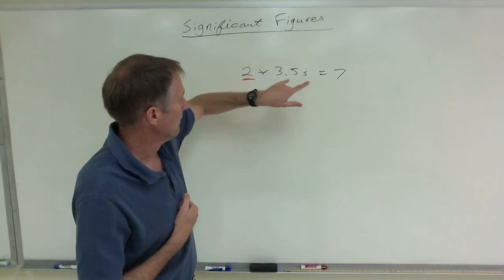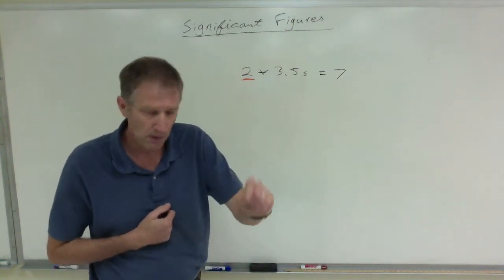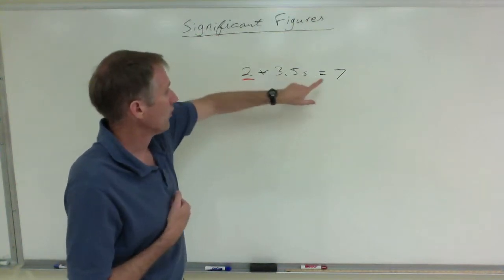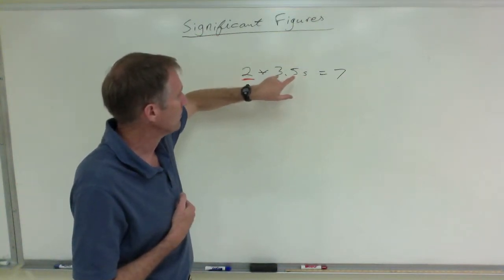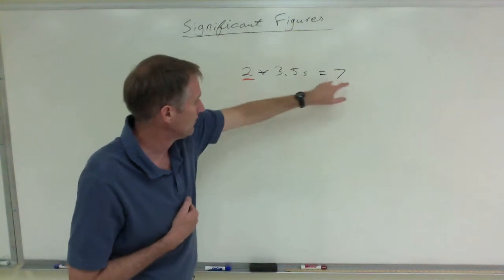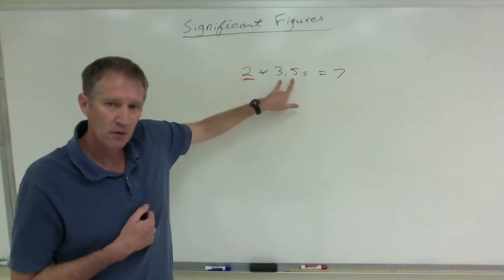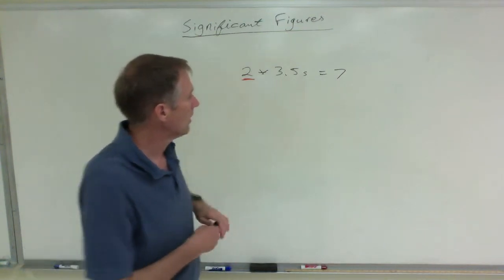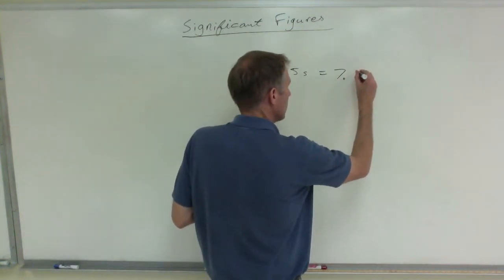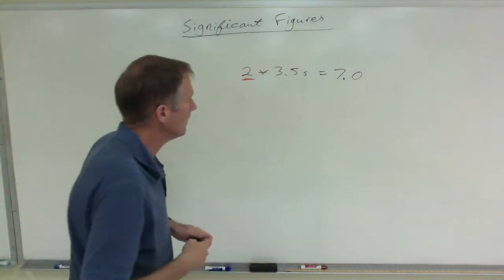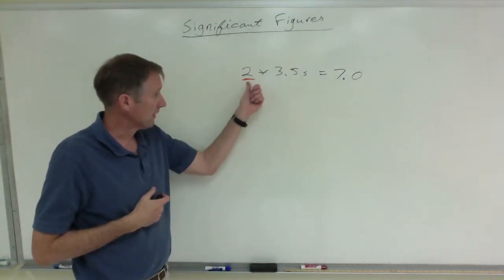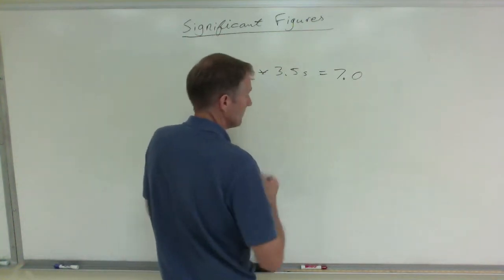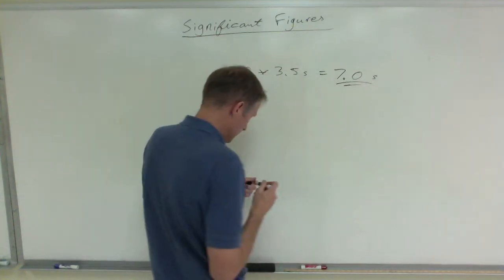When you multiply or divide, your answer has the same number of significant figures as the least number of your input. This has 2, so this would have 2. Again, that doubling doesn't play into it. That would be 7 seconds. Don't forget your units.